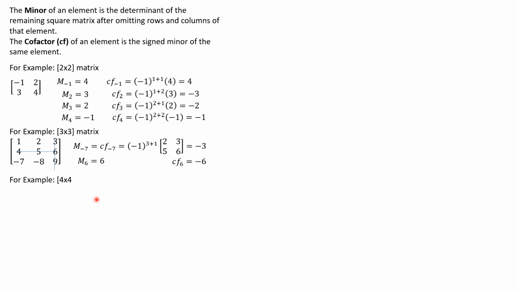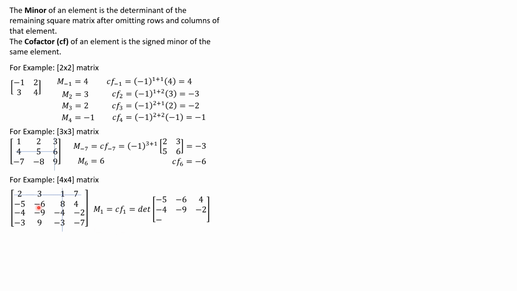Then for a 4 by 4 matrix, we have the following. So let's find the minor of element 1. Let's omit the row and column of element 1. The determinant of the remaining 3 by 3 matrix would be the minor of that element 1.